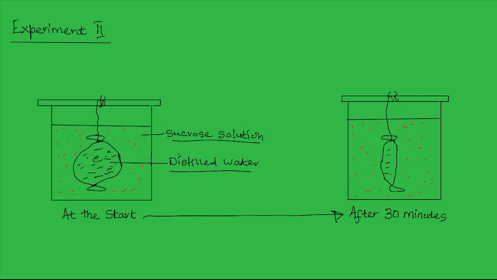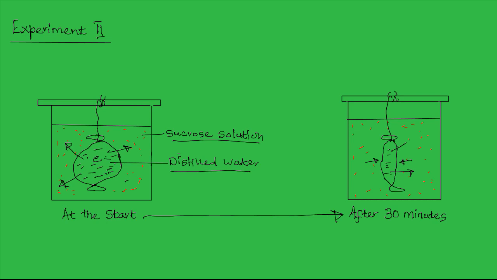As a result, the Visking tubing reduces in size because it loses water, and as the water flows out, it becomes smaller and smaller, and in fact it is said to be flaccid because of that loss of turgidity as a result of the outward movement of water molecules.